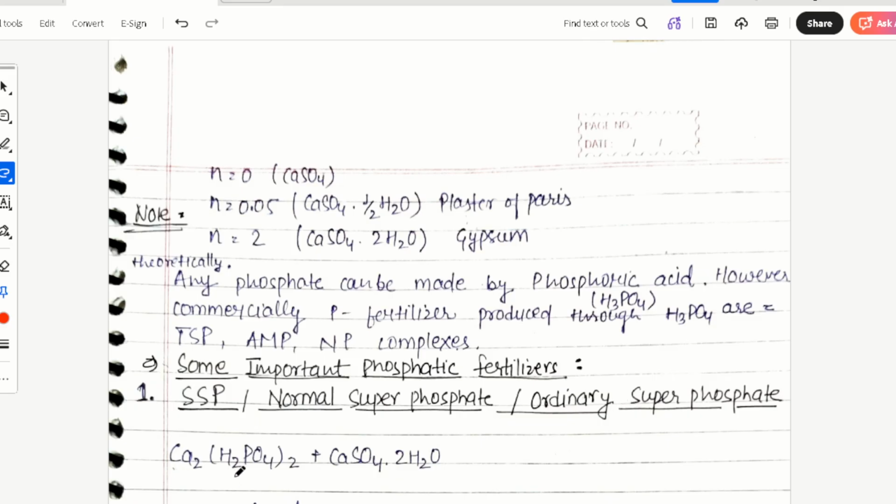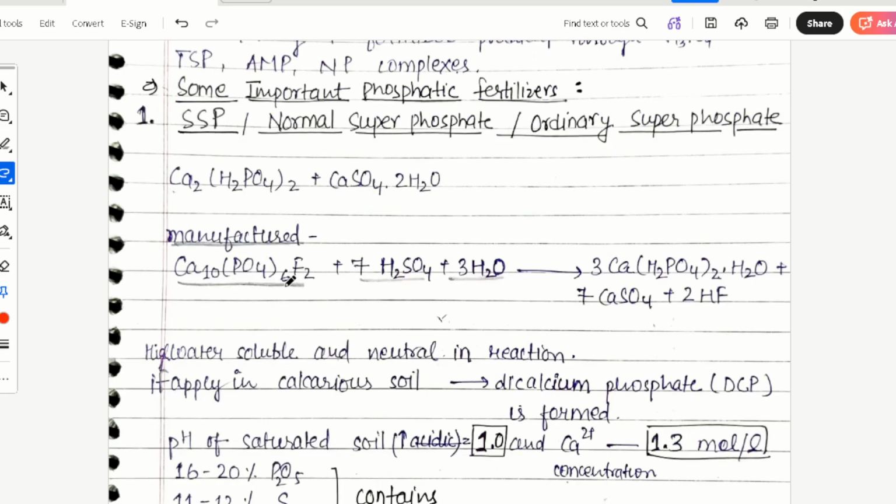SSP is produced by using calcium monophosphate plus calcium sulfate, and it is manufactured when Ca10(PO4)6F2 is reacted with H2SO4 and H2O, then it will be produced as Ca(H2PO4)2 plus H2O and CaSO4 plus HF.